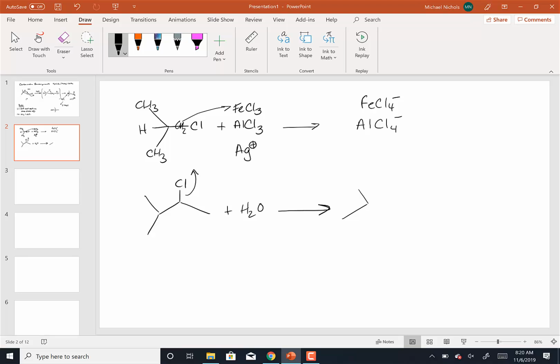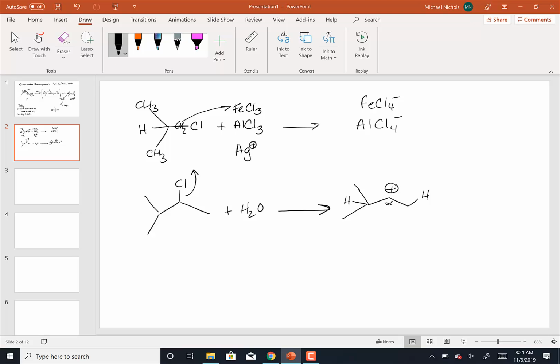That's going to give me a secondary carbocation. I now look at hydrogens or methyl groups that could shift. So this is still kind of my alpha carbon. I'm going to look at the beta carbon, see is there a hydrogen or a methyl group that I can shift to make a more stable carbocation.